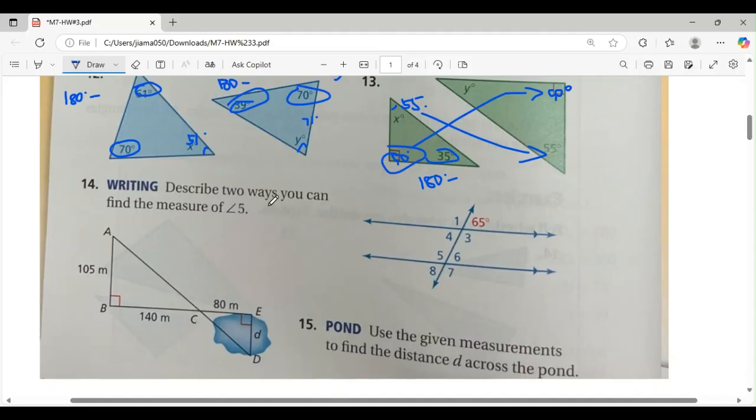Describe two ways you can find the measure of angle 5. Angle 5 is right here.